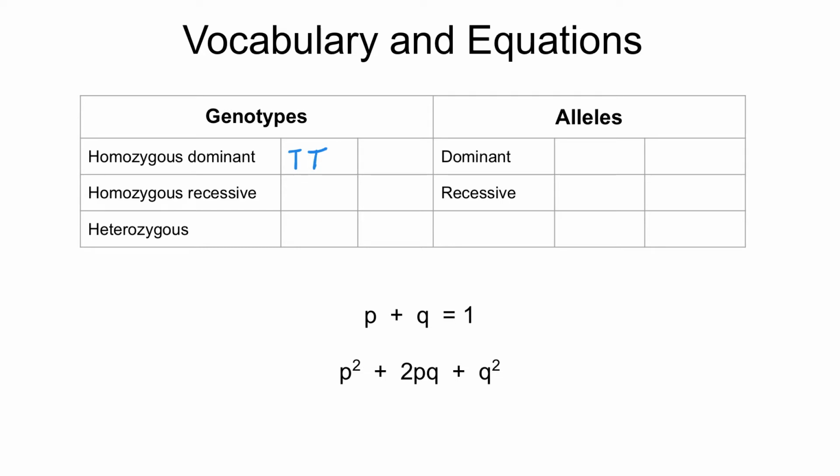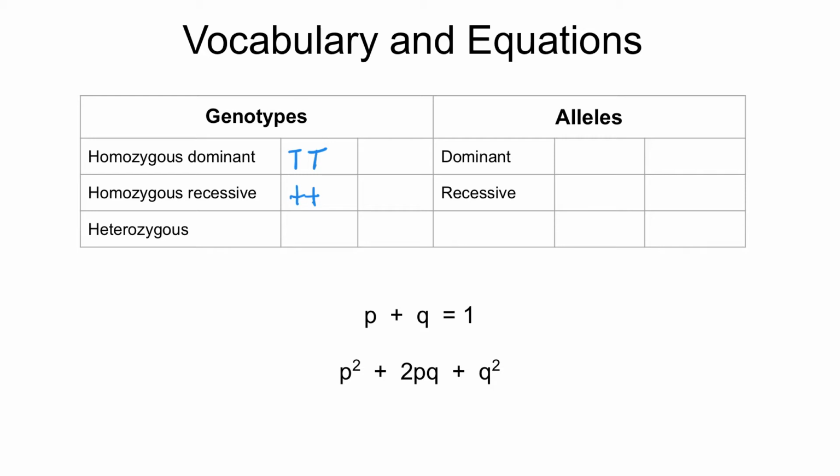We're going to use T's just because they're easy to tell the difference between capital and lowercase. So for the homozygous recessive, this means that they inherited two recessive alleles, one recessive allele from one parent and another recessive allele from the other parent. And so their genotype would be little t, or two lowercase t's.